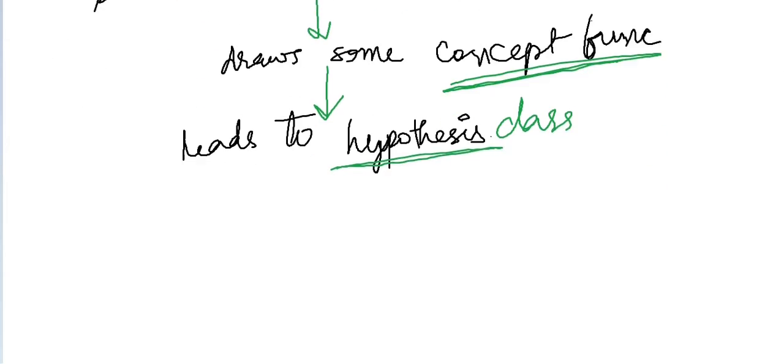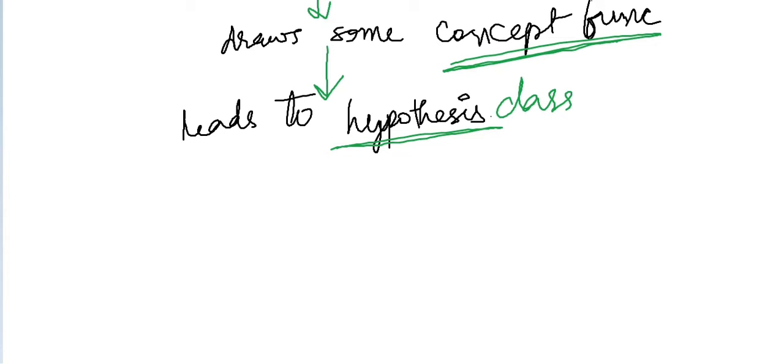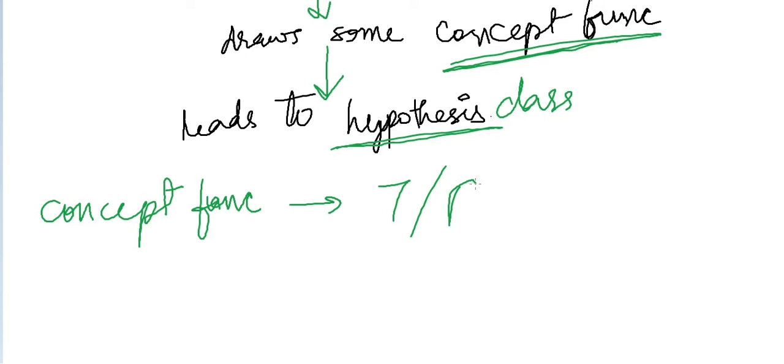So the concept function is where you're drawing from the target set which you provided. It's going to be kind of true or false in case of classification. We'll be talking about regression in later classes.